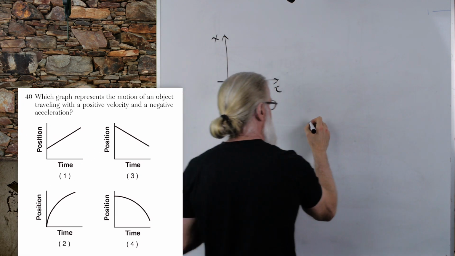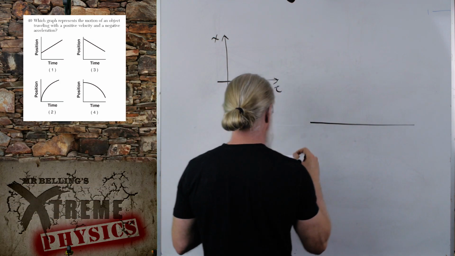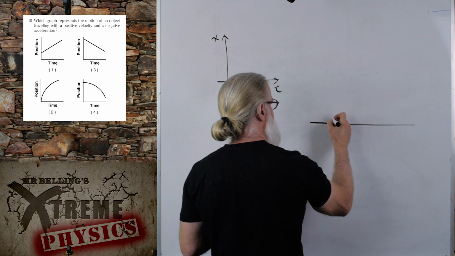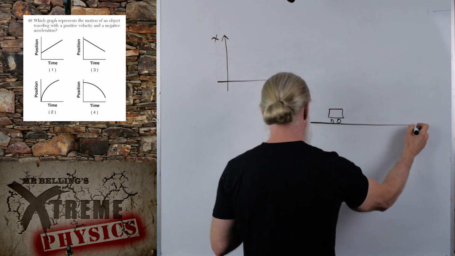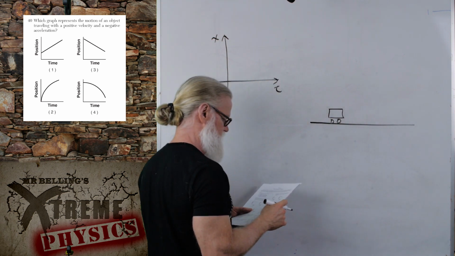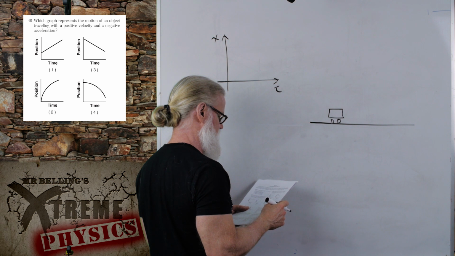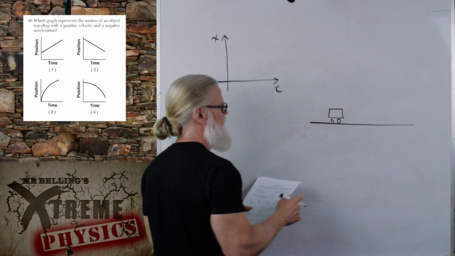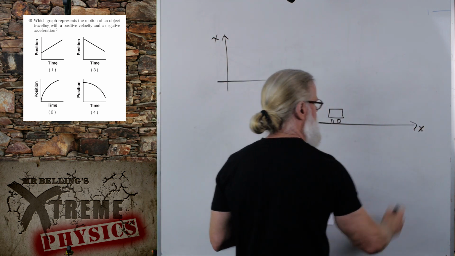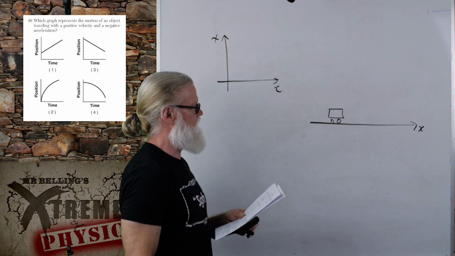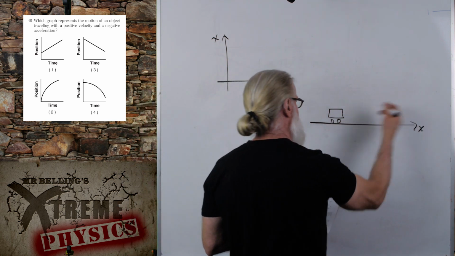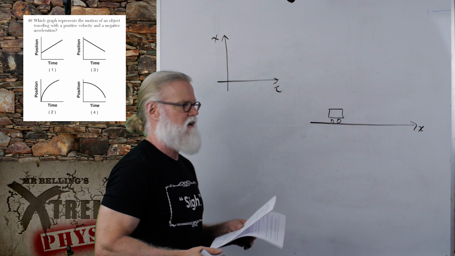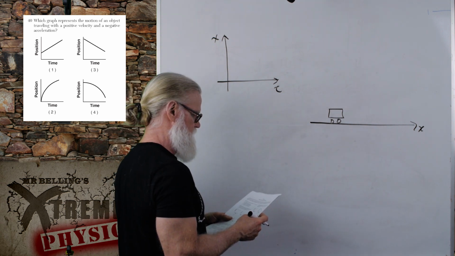We have something moving here, let's make it a cart, on the x-axis, and we're starting at different positions. Some we're starting at 0. That way's positive, and that way's negative. That's our standard.